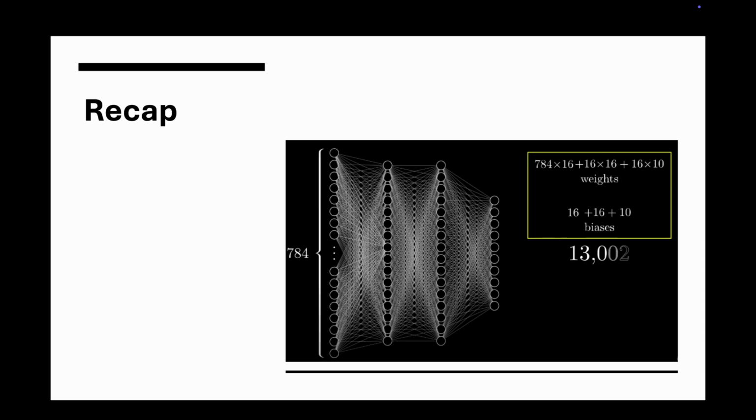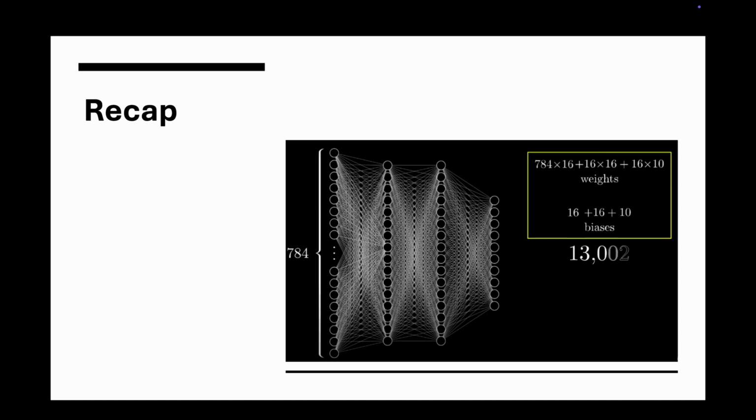So the input layer for that neural network consisted of 784 neurons, and each pixel had that grayscale value. We had those hidden layers, just like in this image here. Each of them had 16 neurons, which was an arbitrary number, and each neuron in a layer is connected to all the neurons in the previous layer.